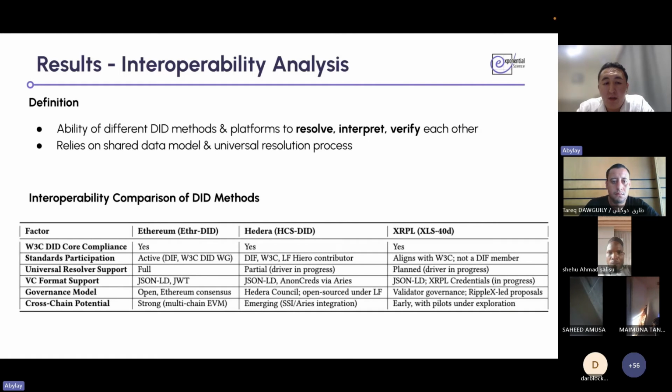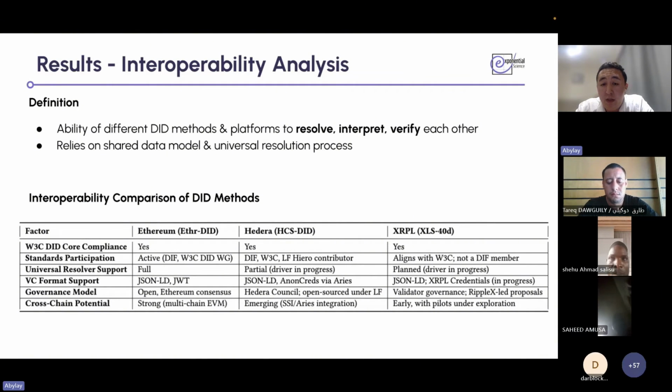There is work with the Linux Foundation and also with Hyperledger Areas, which is also a decentralized identity framework. XRPL is still new, so it's a bit early, with pilots under exploration.